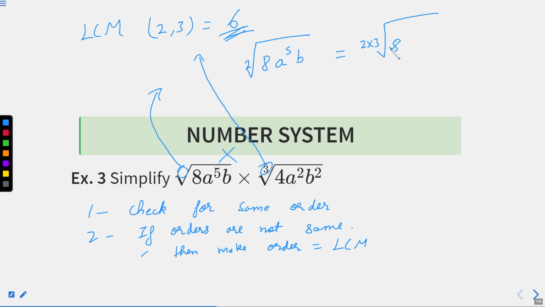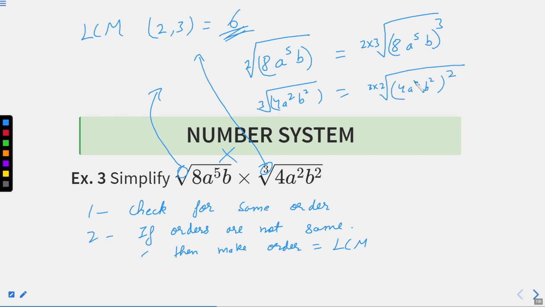So now I have to multiply the power of this term with 3 also, giving a^5 and b^3 under the 6th root. In a similar manner I will do this one. To make the order 6, I multiply with 2. So 4a^2b^2 under the cube root becomes the 6th root with squared powers. Okay, I hope this is clear.